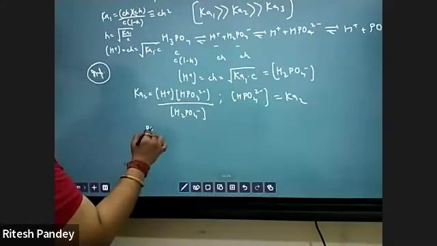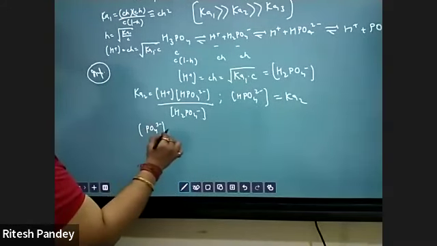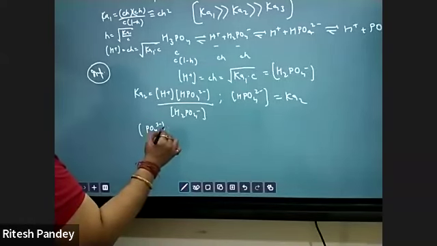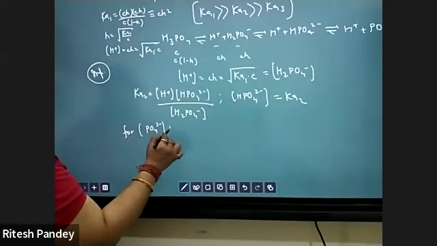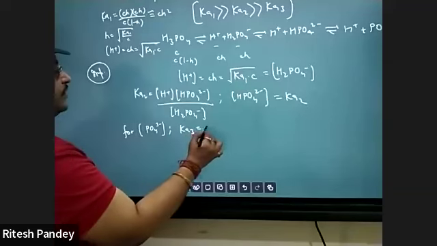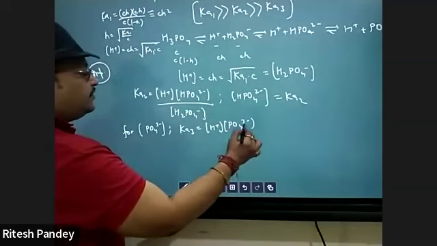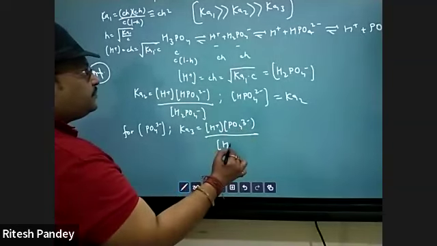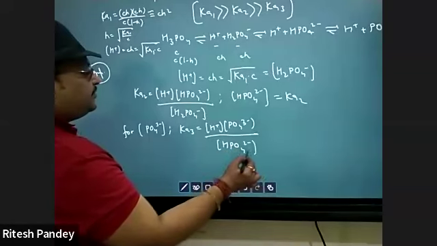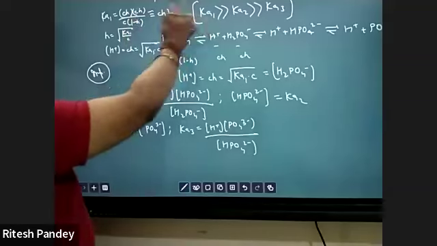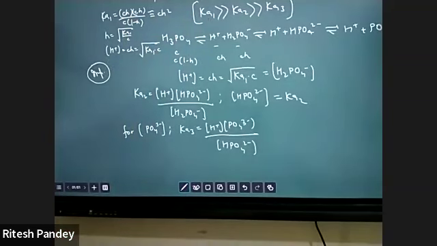And naturally, if I have to find PO4 minus, I'll want to go by the K3. Let me write K3 is equal to H plus PO4 minus upon HPO4 minus. I hope I'm doing it all right. That's K3, which is about the third step of losing H plus.